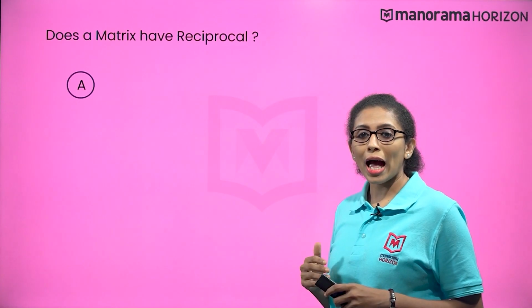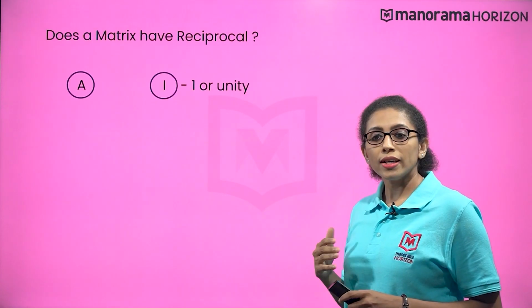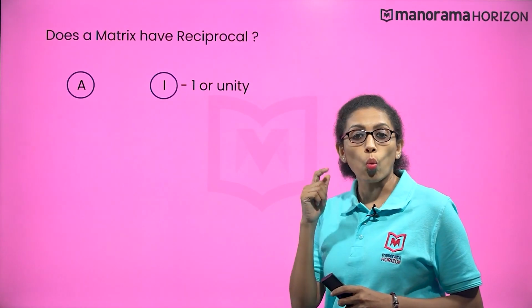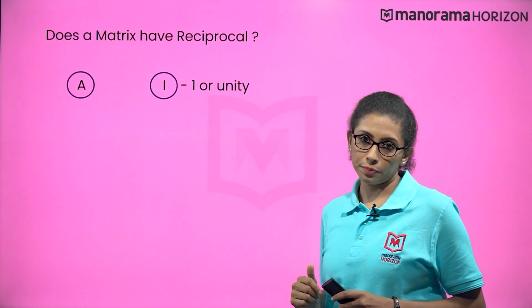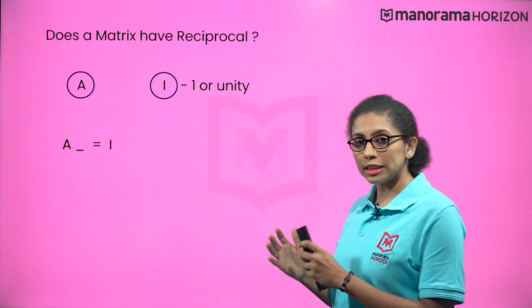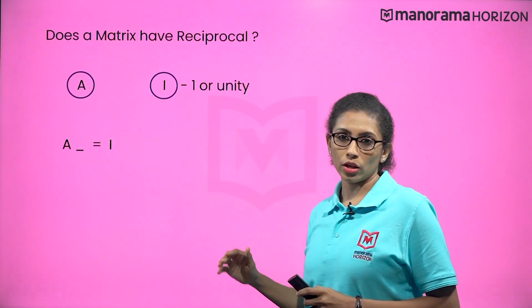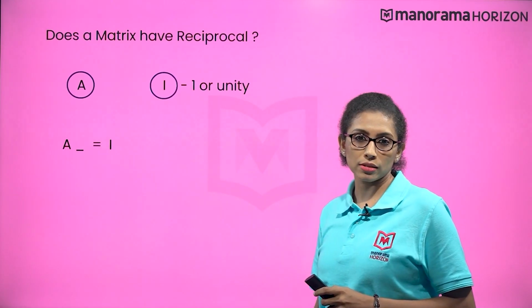Let's say we have matrix A. In matrices, the identity matrix represents 1 or unity. So we can ask, A multiplied by what will give us I, the identity matrix?